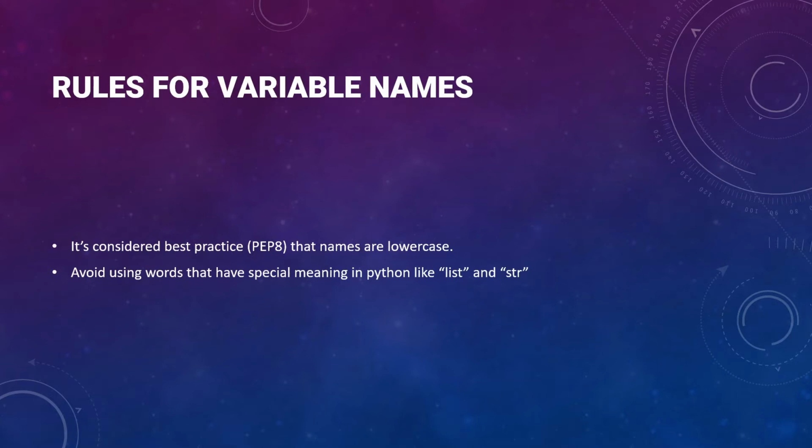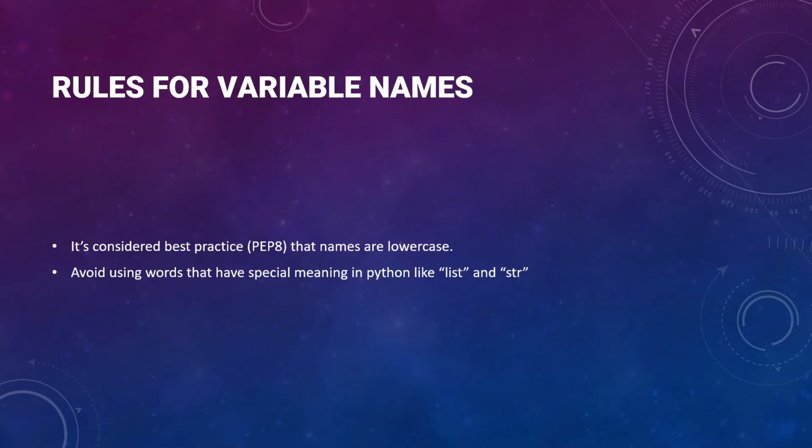A few more rules about variable names. It's generally considered best practice according to PEP 8 that names are lowercase. Now there are situations when you become a more advanced programmer where you're going to want to have global variable names in all caps that are used throughout your code. But right now in general we want to keep our names lowercase, and we also want to avoid words that have a special meaning in Python, and these are built-in keywords like list or str for strings.